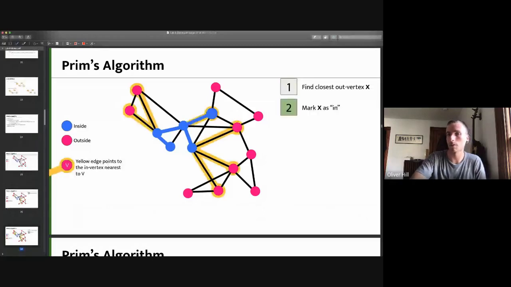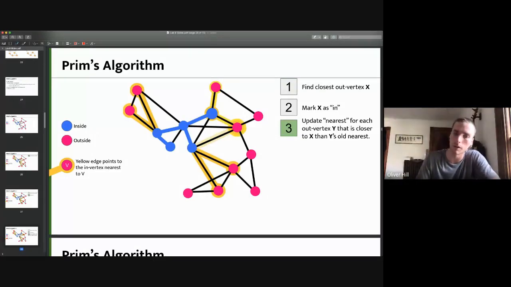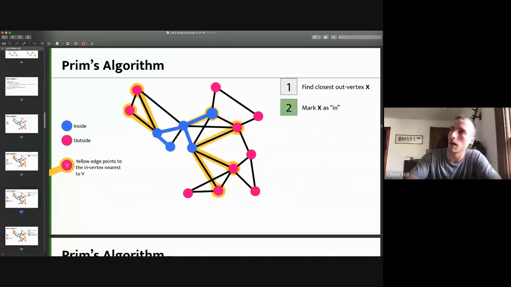Okay, I'll keep going from there. So we add the closest vertex to our partial MST. And now we're going to run through all of the vertices and update the weights. Previously, before this one was in, we were not looking at what the weight is to get here, and we were looking at this edge to get to this vertex.